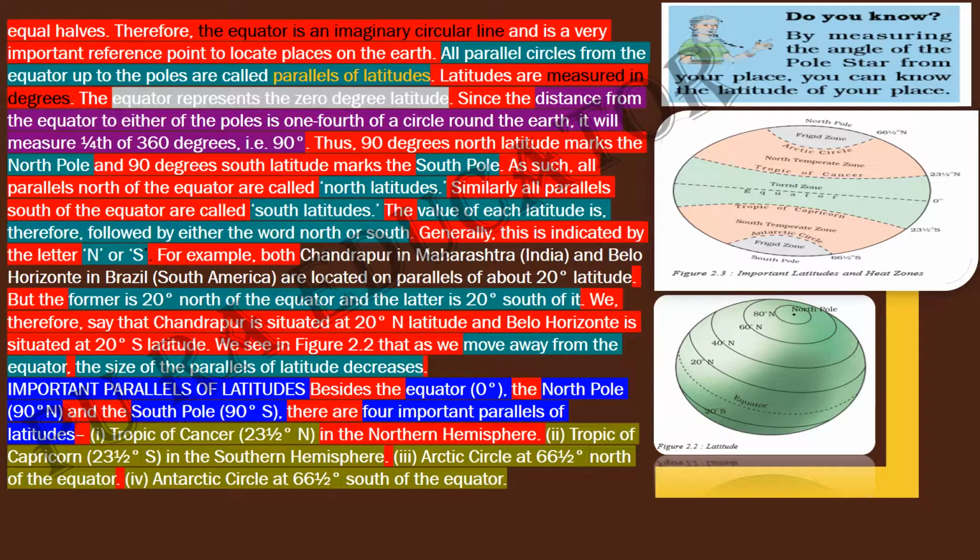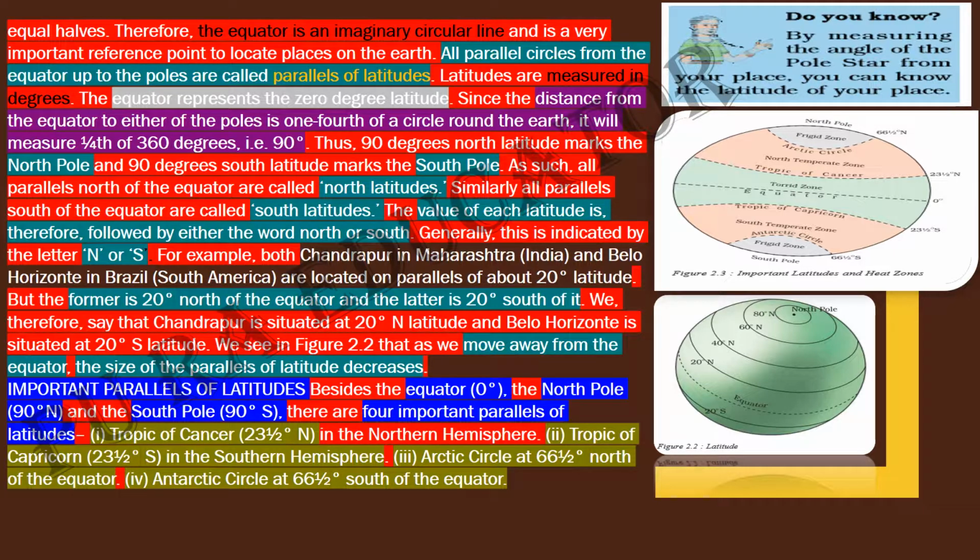Now, the question arises, what is latitude? Latitudes are the lines which are drawn horizontally on the Earth's surface. Latitudes are measured in degrees. Because we start our measurement from the equator, it is our point of reference.